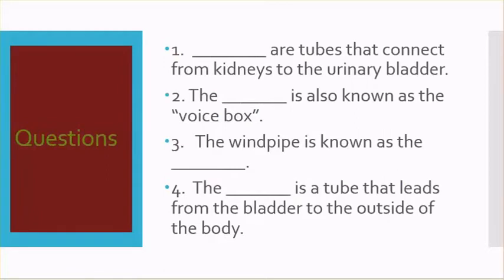Number 1, blank are tubes that connect from kidneys to the urinary bladder. Number 2, the blank is also known as the voice box.